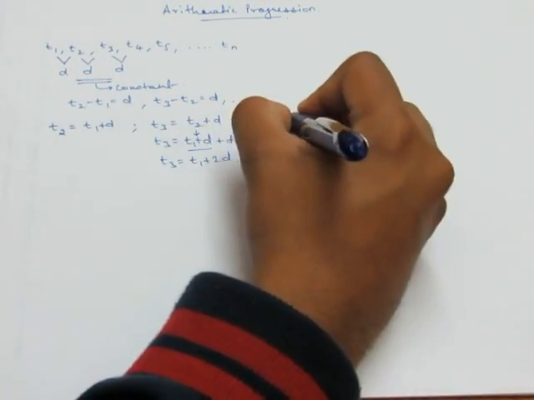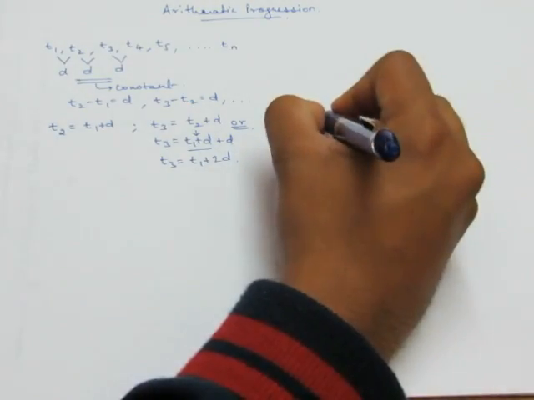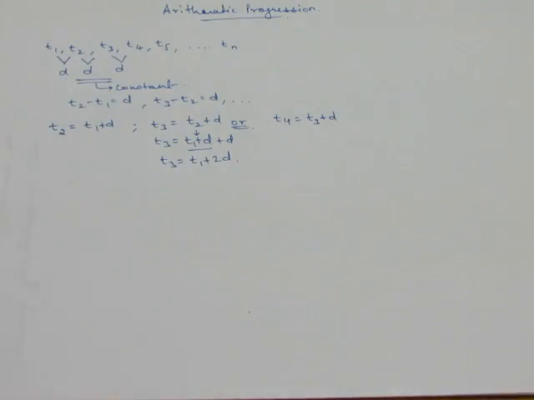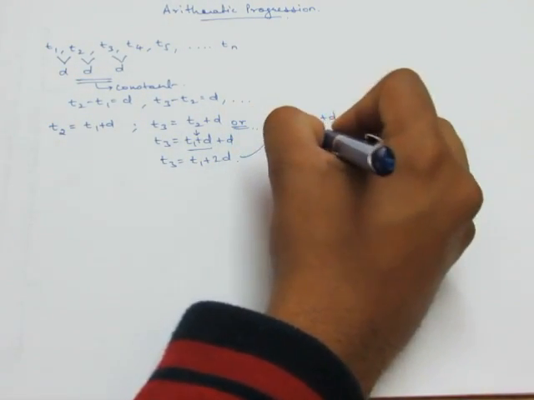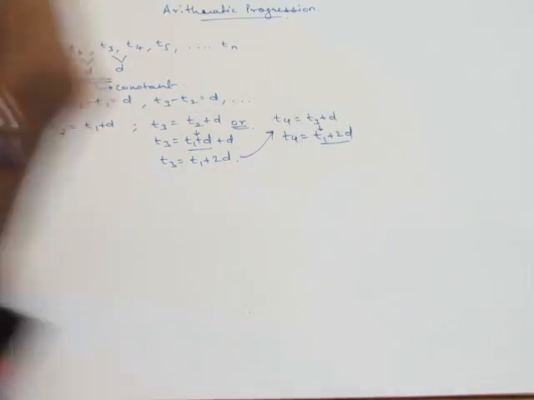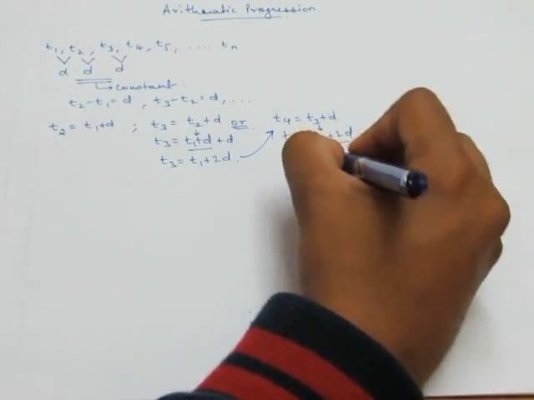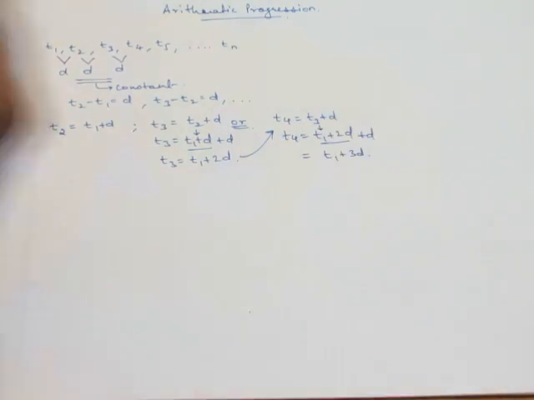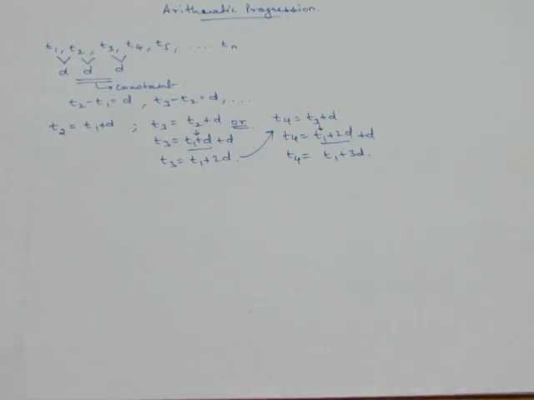If we check T4, we can write it as T3 plus D, and from here we can say T4 is T1 plus 2D, which is the same as T3, plus D, so T1 plus 3D, same as T4.